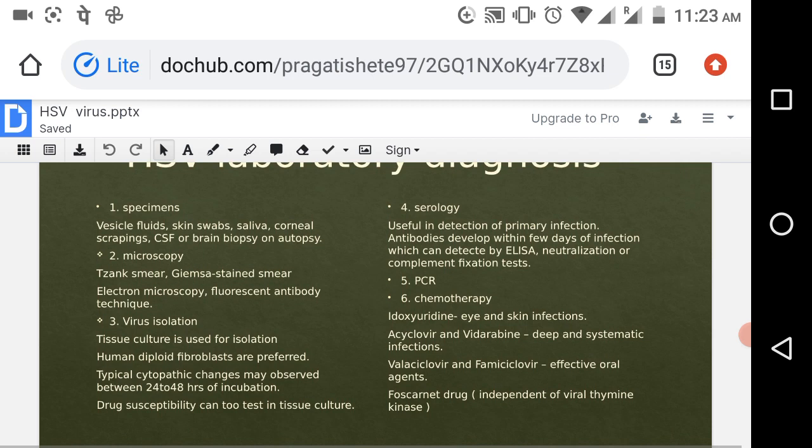Then we saw the pathogenicity. Then we saw the clinical features or symptoms for this HSV disease, herpes disease. Then we saw the laboratory diagnosis, each step and how we have to proceed. Then we saw what drugs can be used to treat this infection.